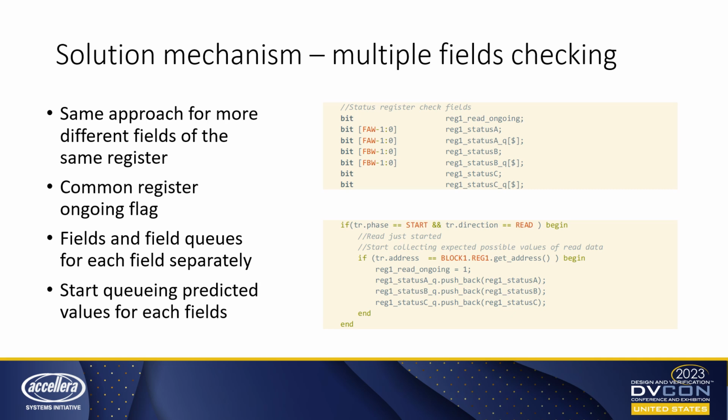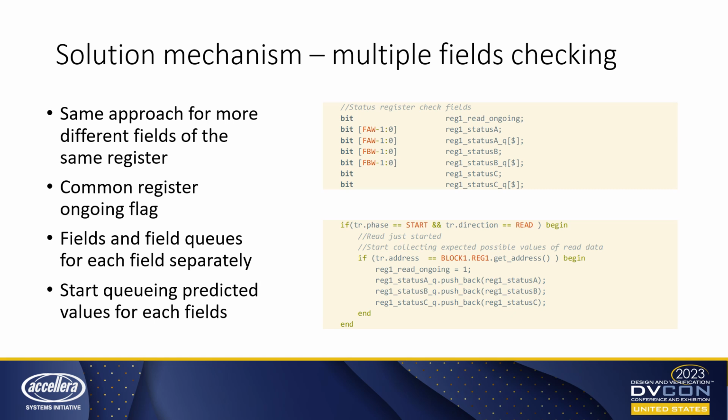There will be one common register read ongoing flag for all fields that belong to the same register. Fields can have different trigger events and access policies, and for each field that is going to be checked, there will be a declared variable that keeps the calculated value and a corresponding queue.